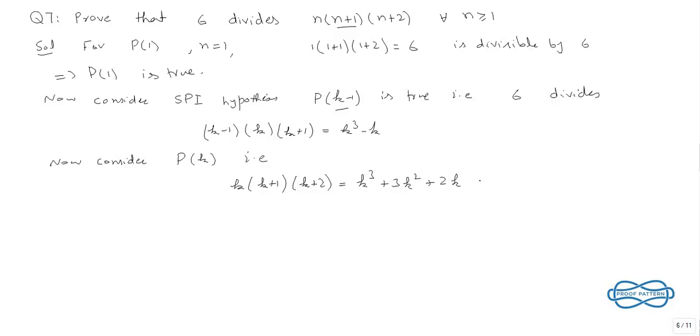After a little rearrangement, that can be written as k cube minus k plus 3k squared plus 3k. We have added and subtracted k on the right side of the equation, and that can be written as k cube minus k, and if we take 3 as a common factor, we get 3 into k squared plus k.